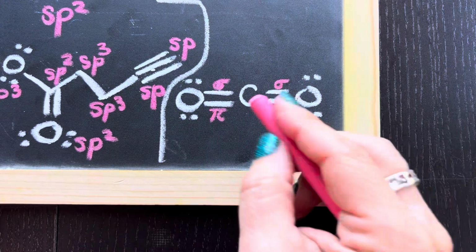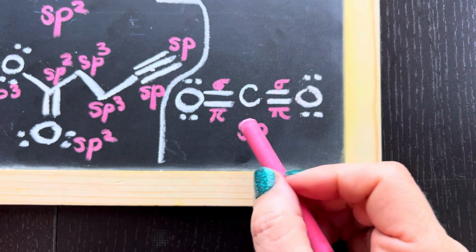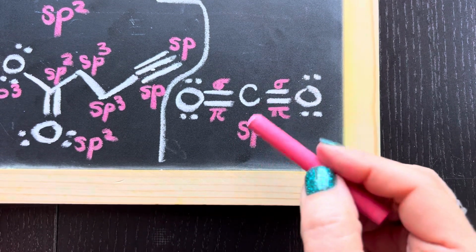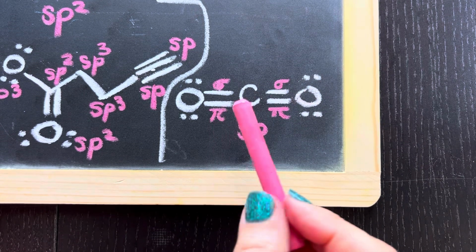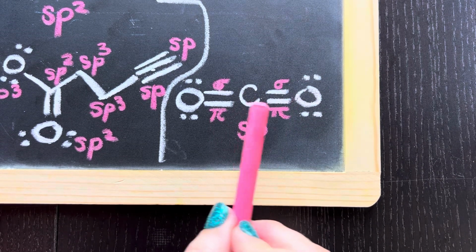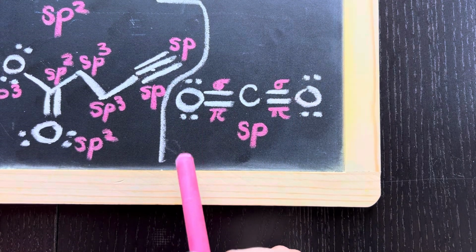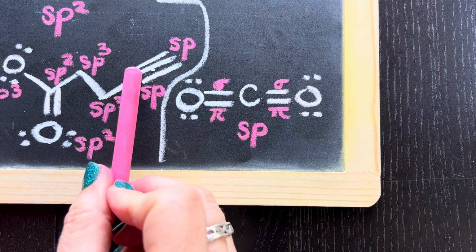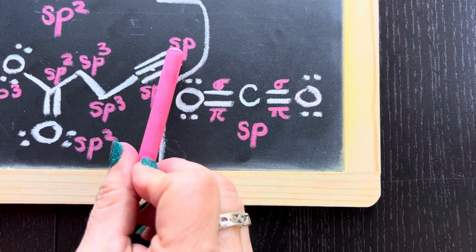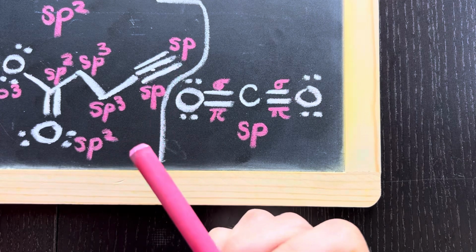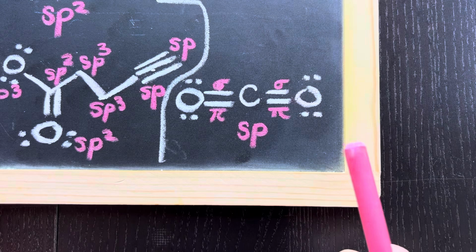So here's an example of an atom that is sp hybridized, but it does not have a triple bond. But you'll see it does have two pi bonds to it. Just like over here, this carbon has two pi bonds. They happen to both be going to the same other atom. In this case, the two pi bonds are going in two different directions.